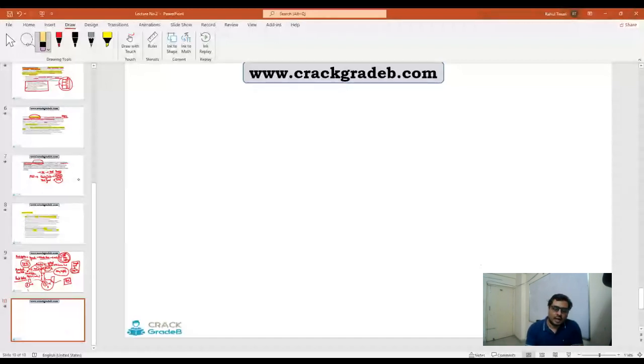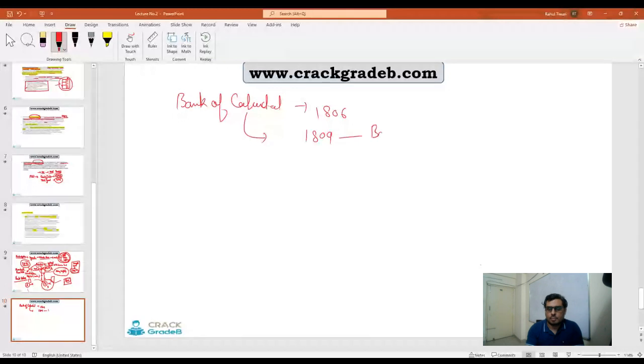So understanding this need, they established the Bank of Calcutta in 1806. Later in 1809 they changed the name of the Bank of Calcutta to the Bank of Bengal.